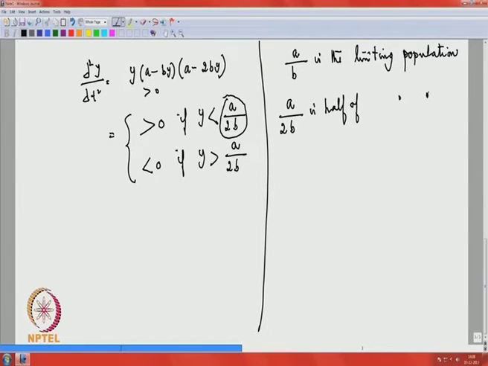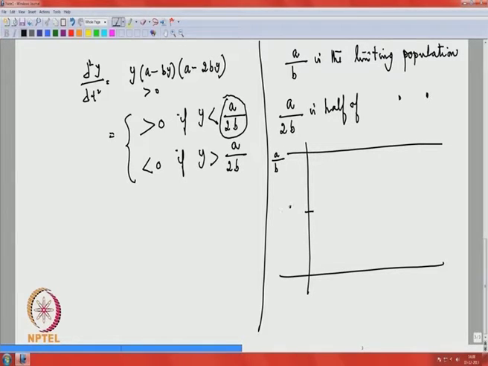So, when you start the curve, you have your a by b and you mark your a by 2b, that is half of your limiting population. At any time t naught, if your population is somewhere here, till the population reaches a by 2b, d square y by dt square is greater than 0. What does that indicate?